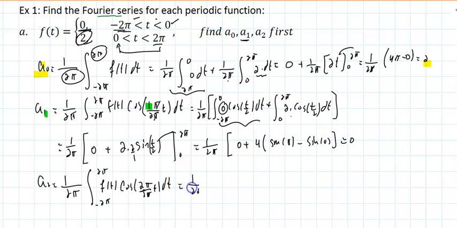So that's going to be 1 over 2 pi, the integral from negative 2 pi to 0. I know the function is 0, and those are going to cancel out.